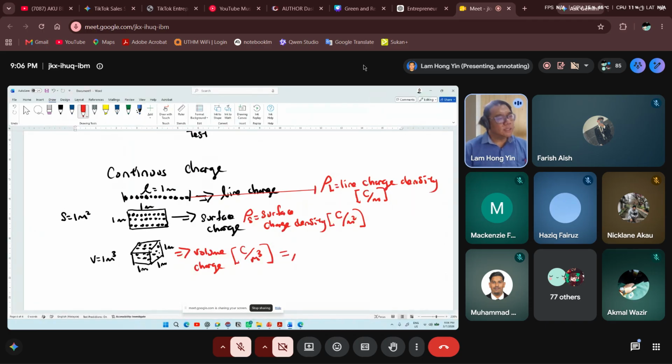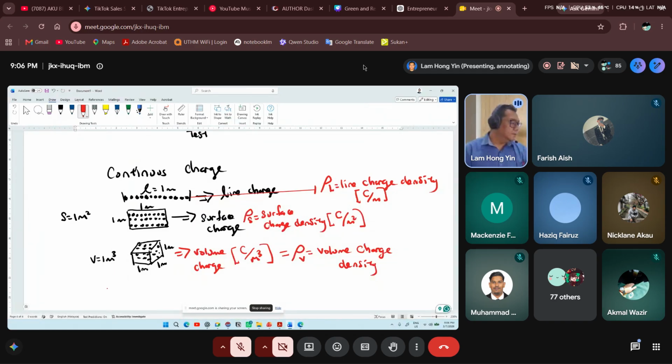And we call this rho V. And this rho V is volume charge density, right? Without these three parameters, you cannot calculate the total charge in one area or one length or in one volume, right? This is what we need to use.